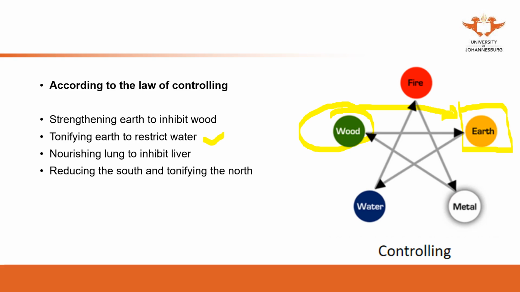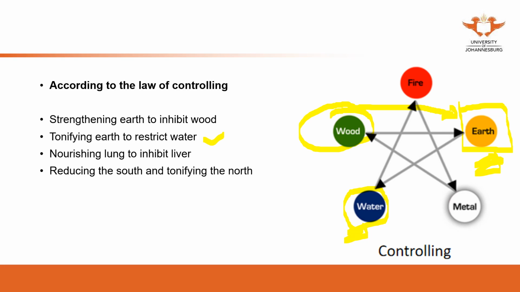Second, tonify the earth to restrain the water. In this situation, the weakness of the earth, the weakness of the spleen, causes edema, and we need to tonify the spleen to help the edema, to help the kidney.